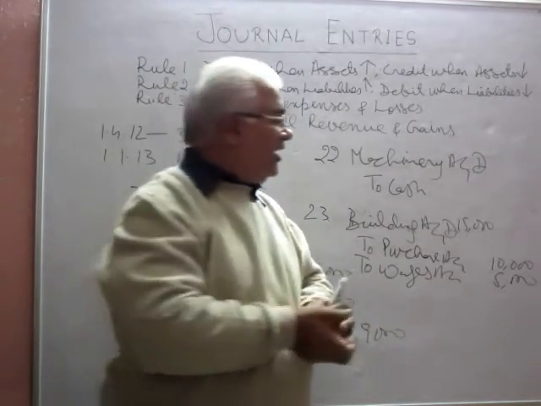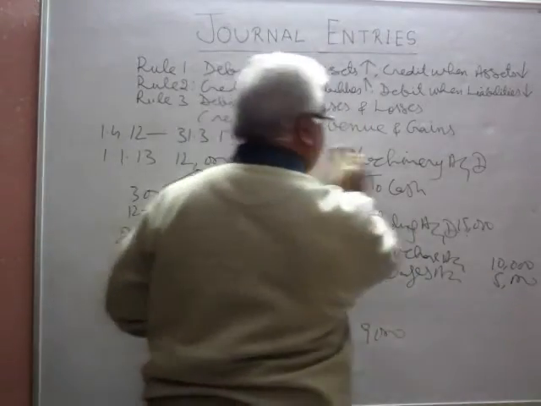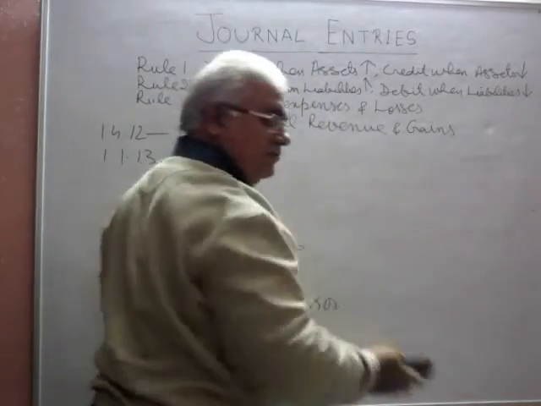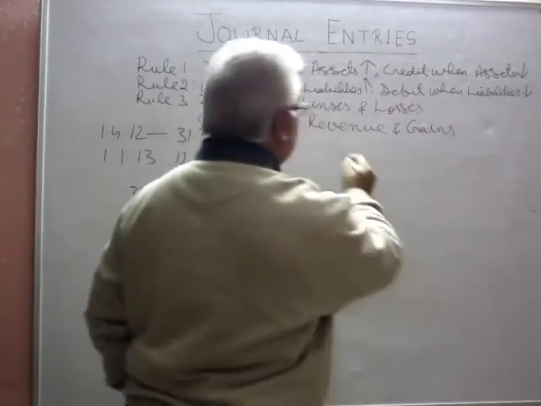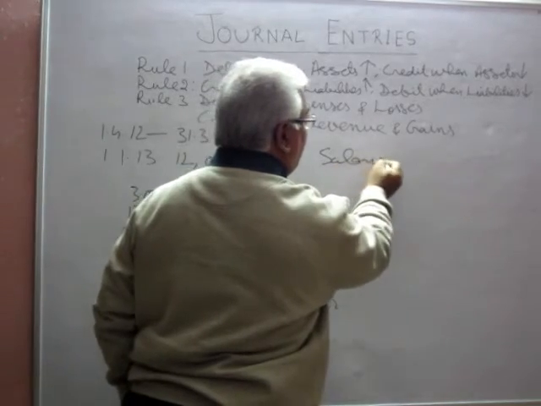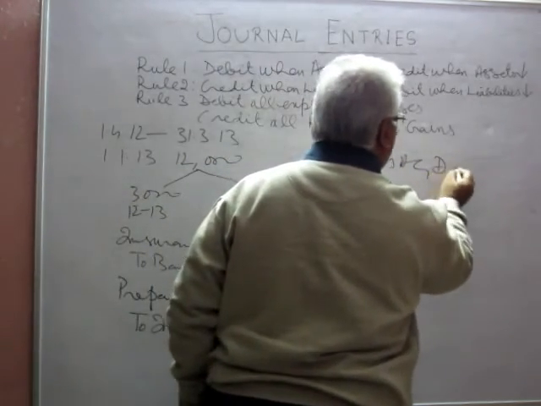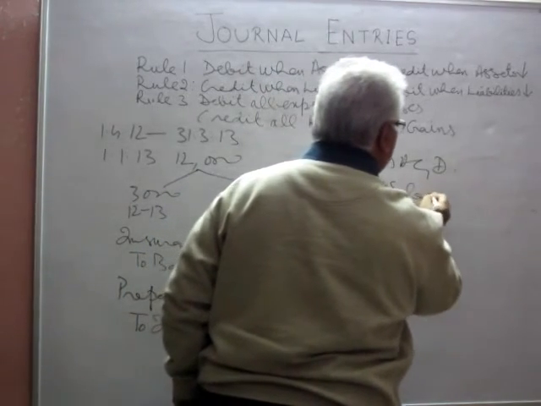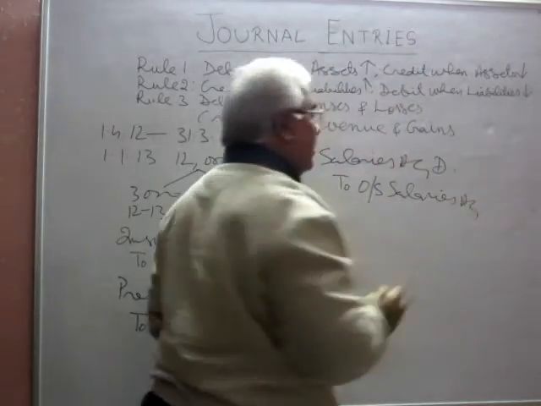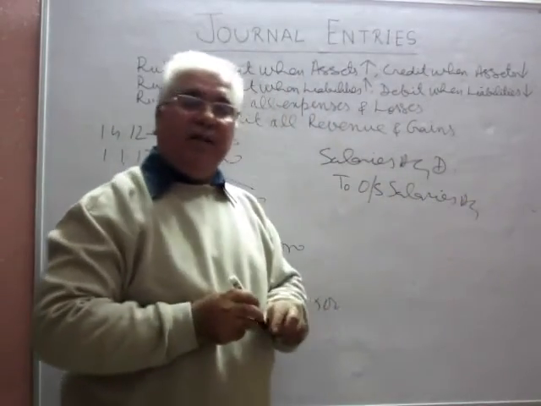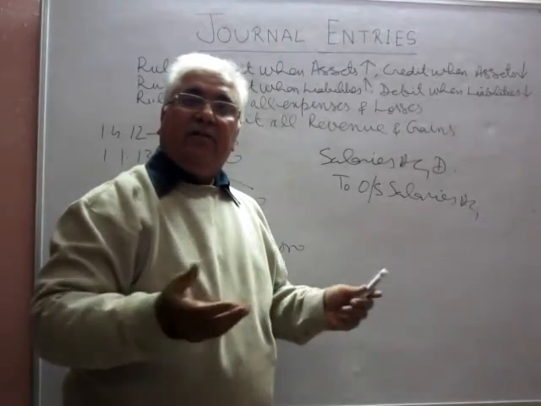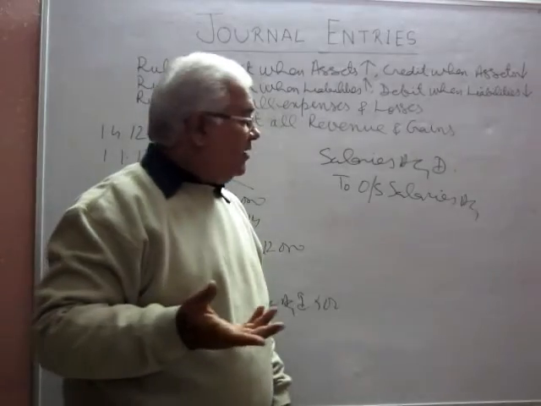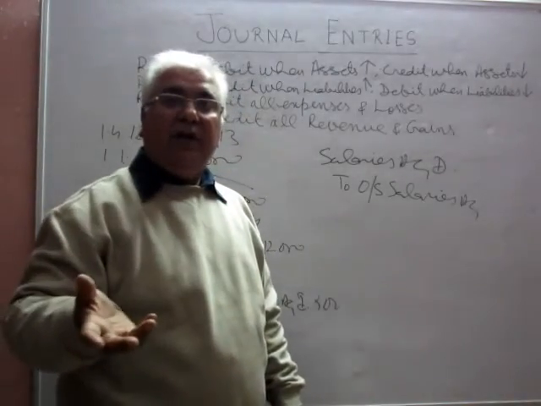So for this the journal entry will be salaries account debited to outstanding salaries account. Now salaries account is being debited because salary being an expense, the rule is whenever expenses are incurred they are debited, but at the same time we have not paid for it.